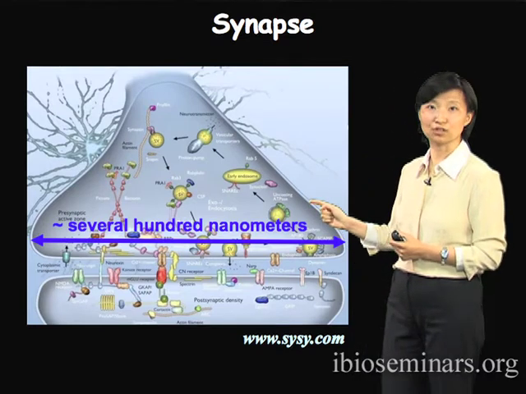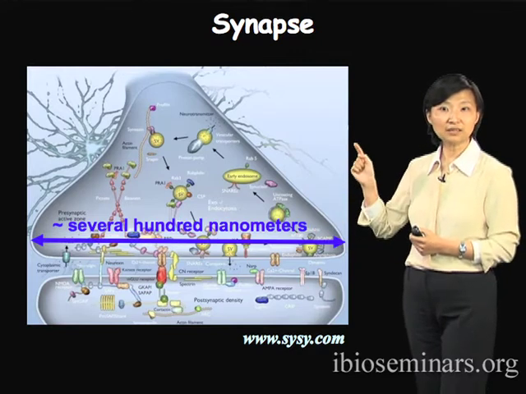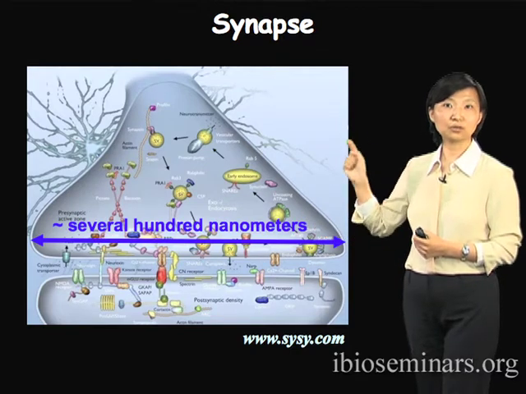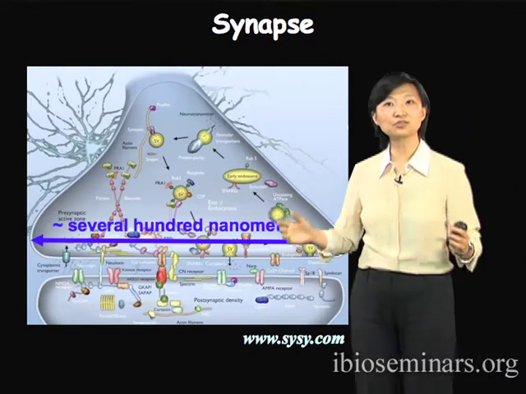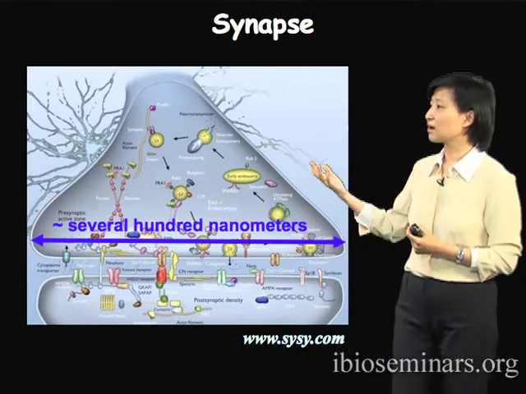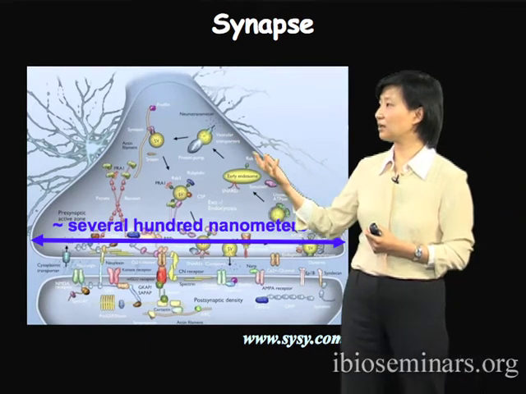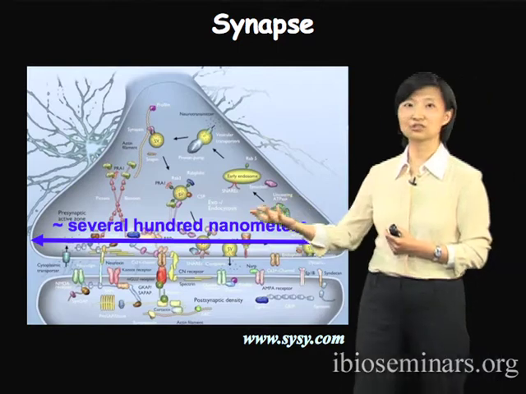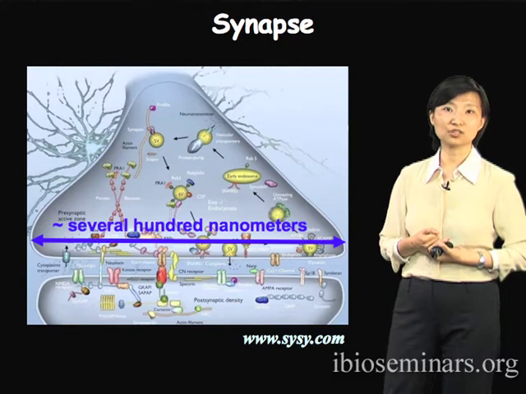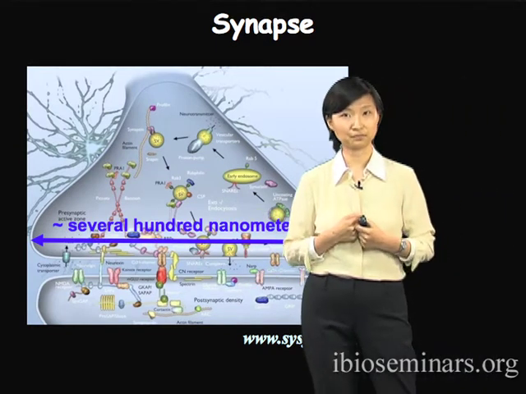Inside this tiny structure reside hundreds of different types of proteins. Some exist in high copy number, and therefore you are actually seeing thousands or more molecules densely packed in this basic functional unit in the brain, all working in a concerted manner to mediate the neurotransmitter-mediated signal transmission between neurons and their target cells.